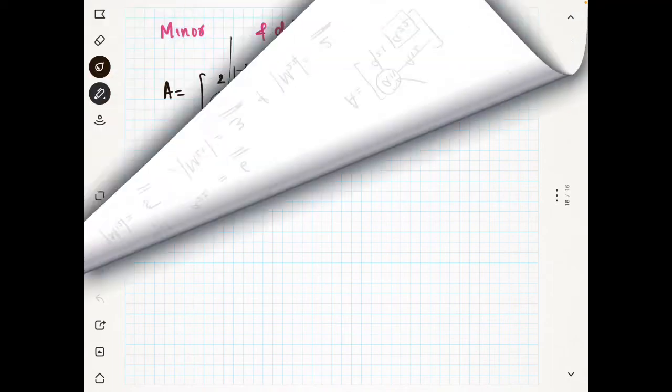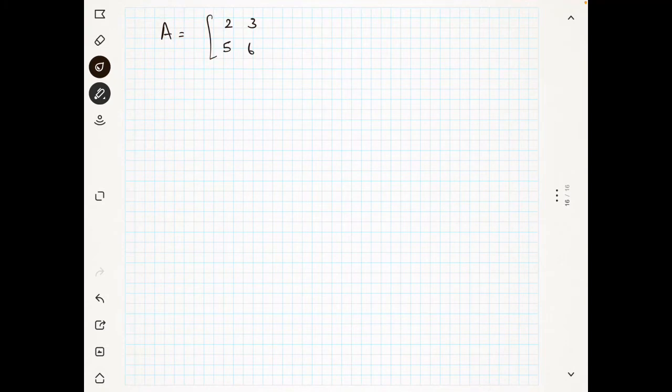So for the matrix A, which is represented as 2, 3 and 5 and 6, which is a 2 by 2 matrix, it's very easy to calculate the minor matrix.